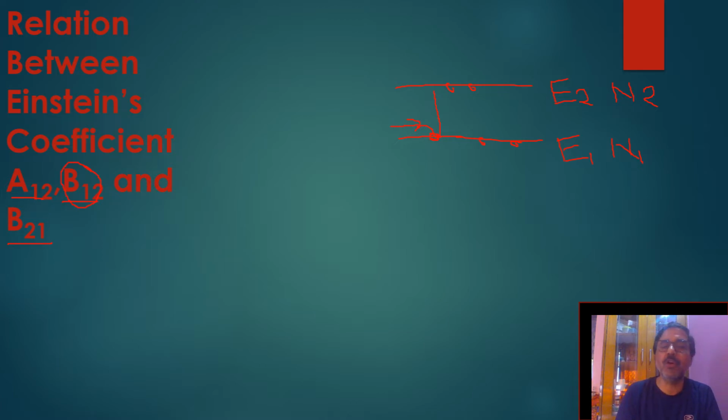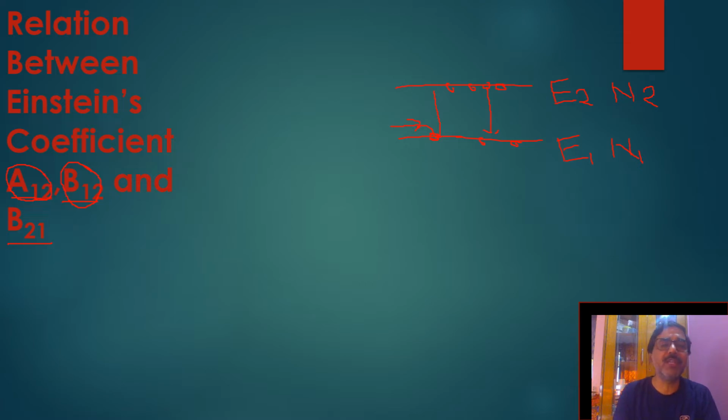Second, the atoms which have gone to the excited state will come back to the ground state automatically without any radiation, and this is called spontaneous emission. This coefficient we called A21, not A12, A21.